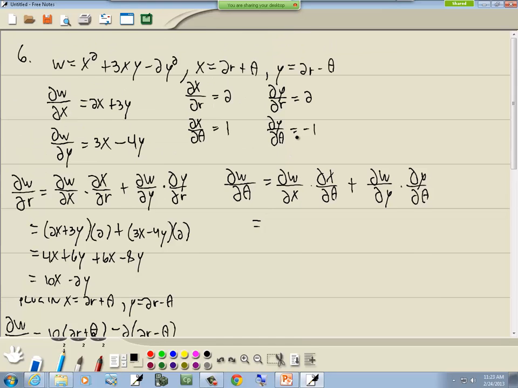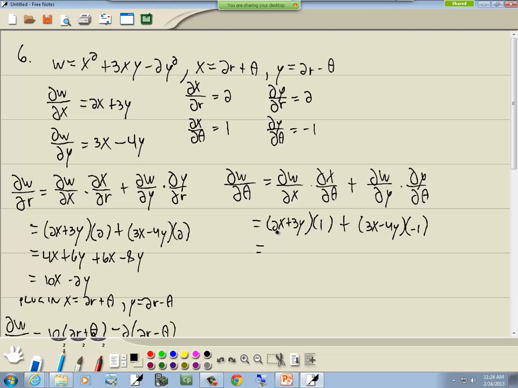So let me scroll up so I can see everything. Partial of w with respect to x, that's our 2x plus 3y, times the partial of x with respect to theta. Partial of x with respect to theta is 1. Plus the partial of w with respect to y is 3x minus 4y, times the partial of y with respect to theta. Partial of y with respect to theta is negative 1.